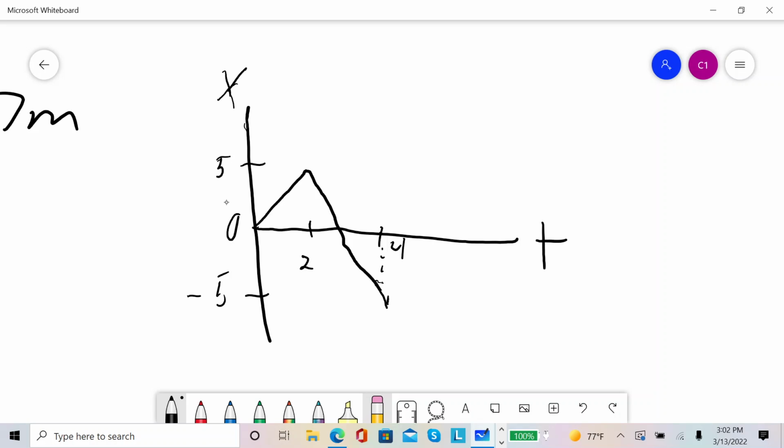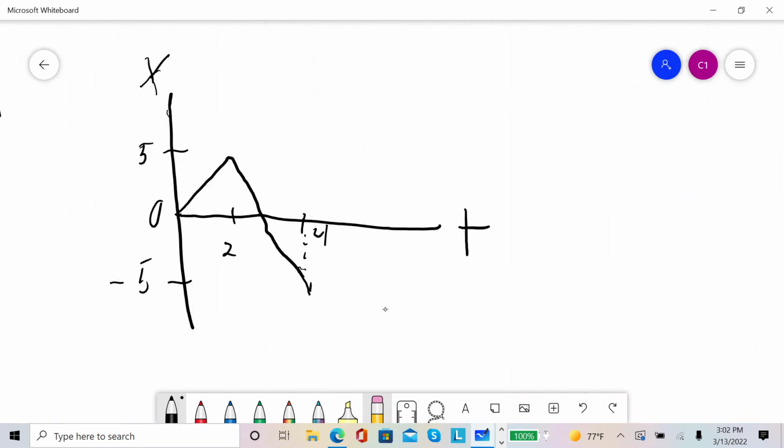Now, how you relate this back to concepts such as velocity is the slope of your position time graph is going to be your velocity. So in this case, you can see that in the first 2 seconds, he travels 5 meters along this path, which means that your velocity is just going to be your slope.